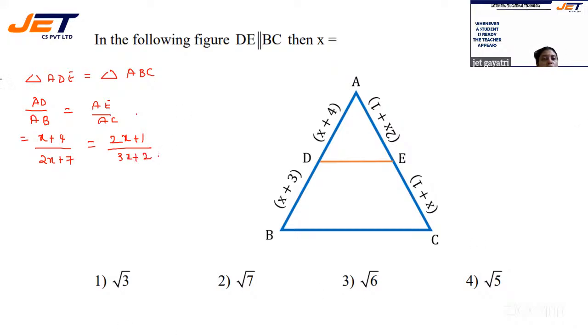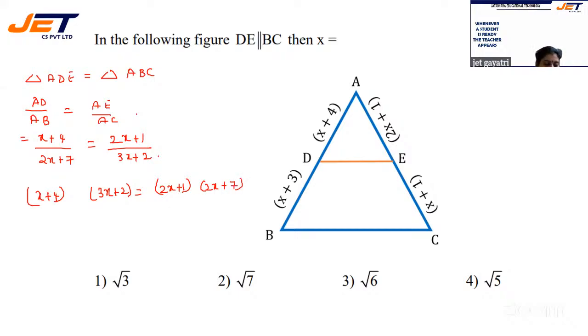Okay, so now when you cross multiply, that is X plus 4 into 3X plus 2 is equal to 2X plus 1 into 2X plus 7.